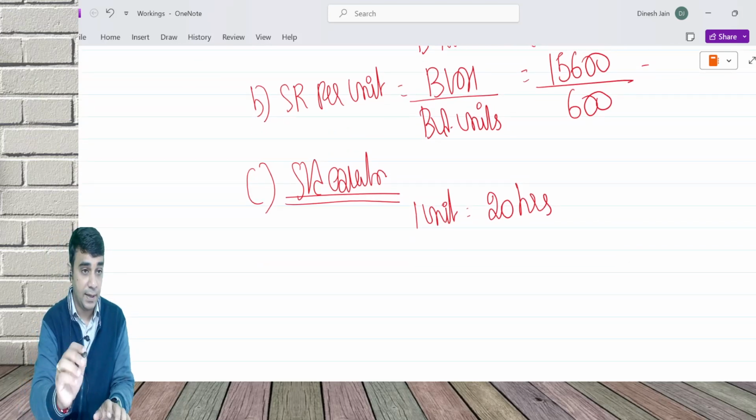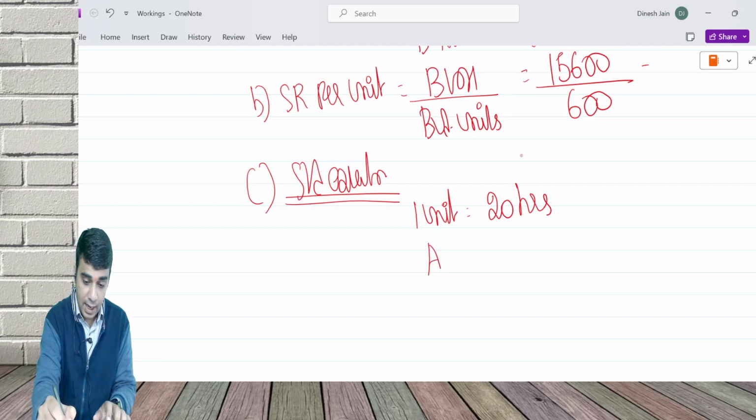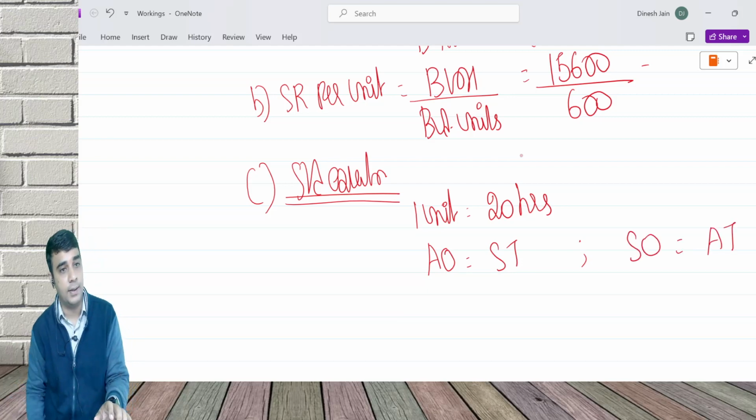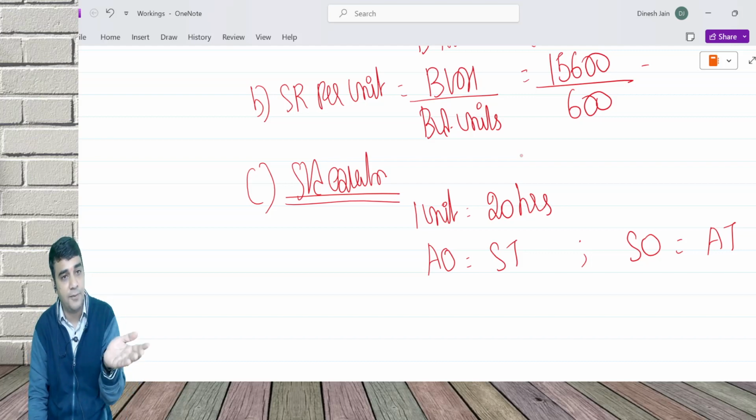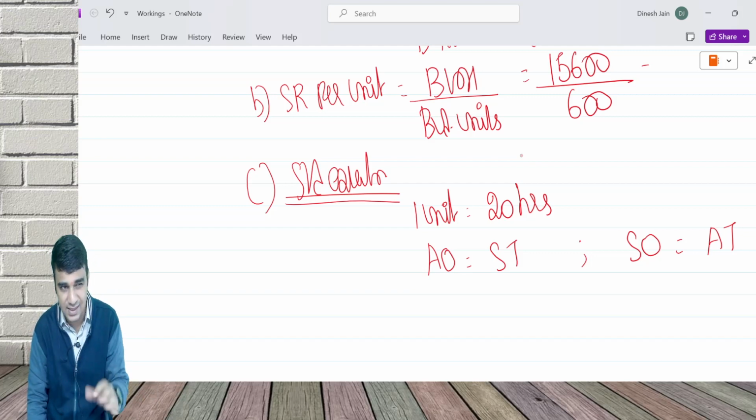Listen, this will help me in calculating two things. Actual output equals standard time, and standard output equals actual time. Both are interlinked. I normally write time on the left hand side, unit on the right hand side, that's your wish. Here I've written output on the left hand side, time on the right hand side. 1 unit is equal to 20 hours.